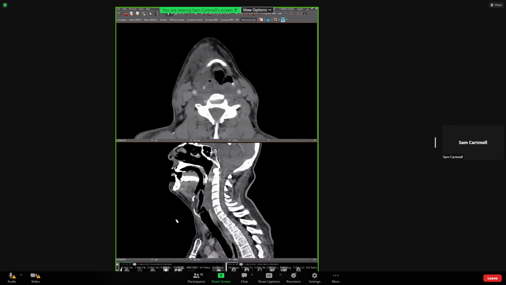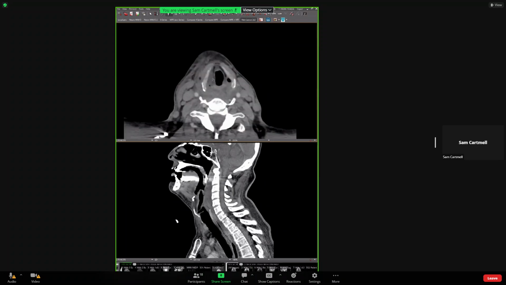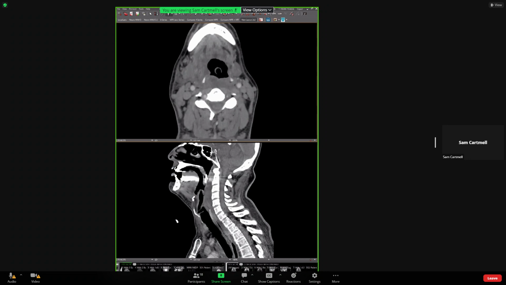You can also see, so this has started as a right-sided process. It spread because the retropharyngeal space has a lot of lymphatic drainage. It's not uncommon, if you have an inflammatory process elsewhere in the face or neck, to get a retropharyngeal effusion. But now that's a midline structure, so it can spread to the other side.